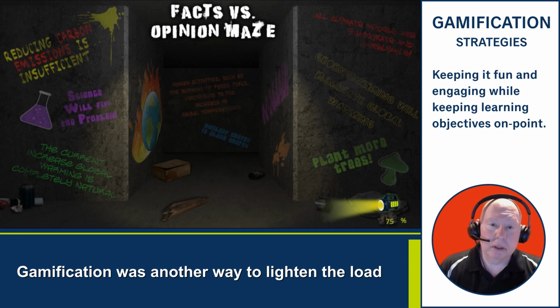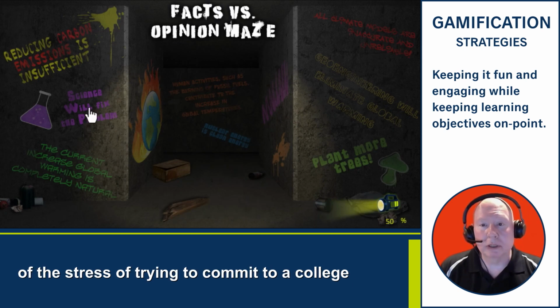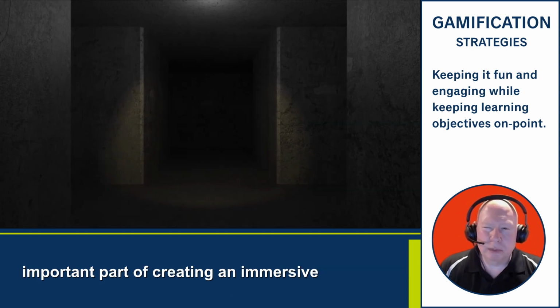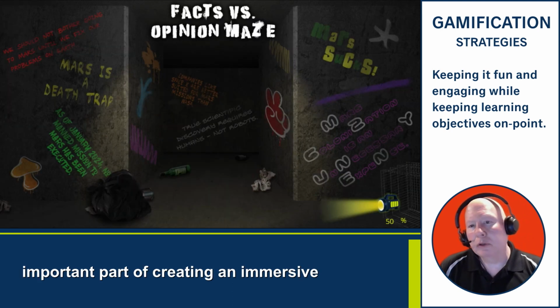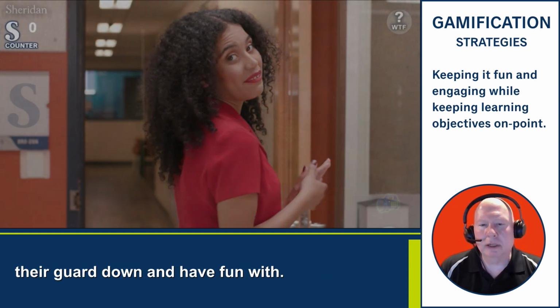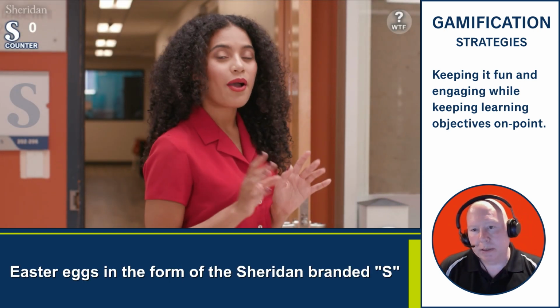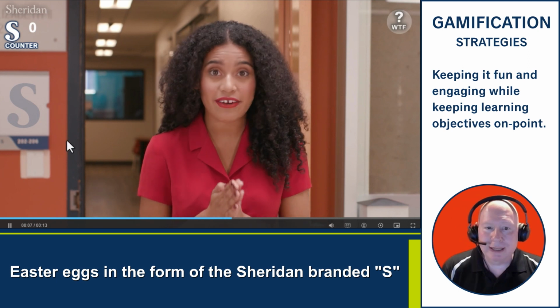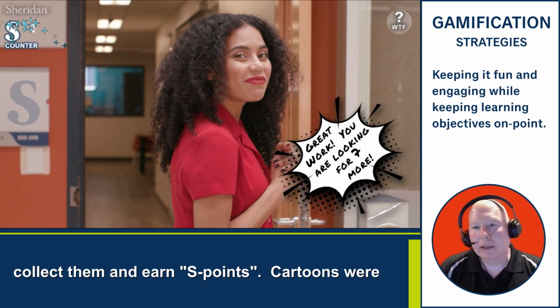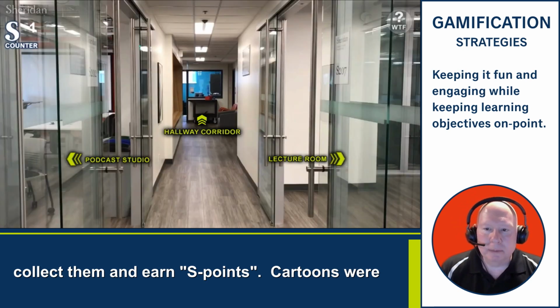Gamification was another way to lighten the load of the stress of trying to commit to a college education program. Humor and tone was an important part of creating an immersive environment that prospective students could let their guard down and have fun with. Easter eggs in the form of the Sheridan branded S were hidden in the images so learners could collect them and earn S points.